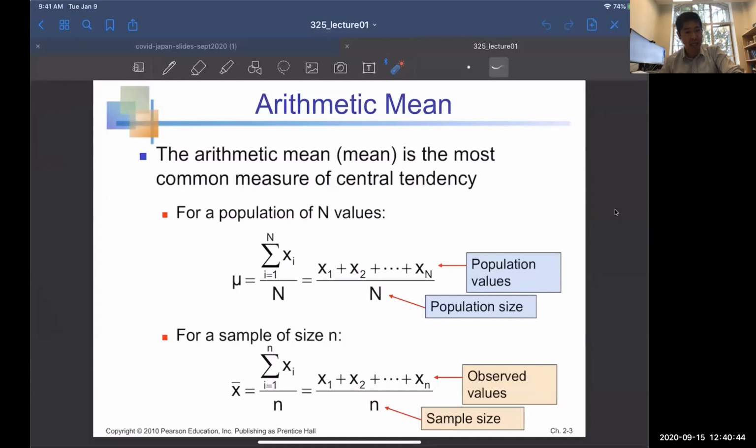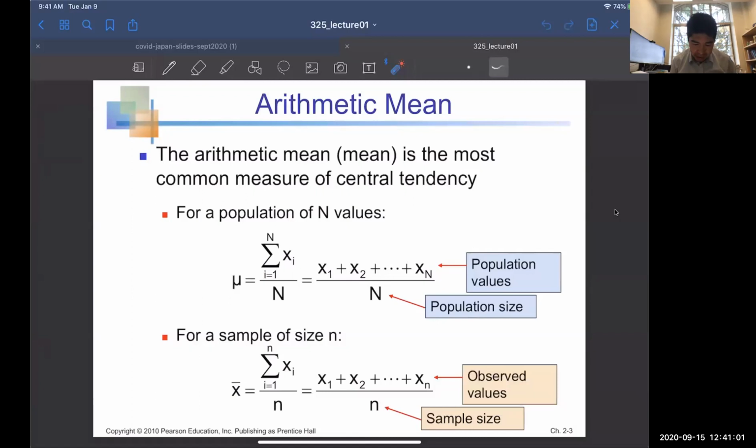Such data is more typical if the government does a survey, because surveying everybody is very time consuming and costly. So in that case, you have a sample.